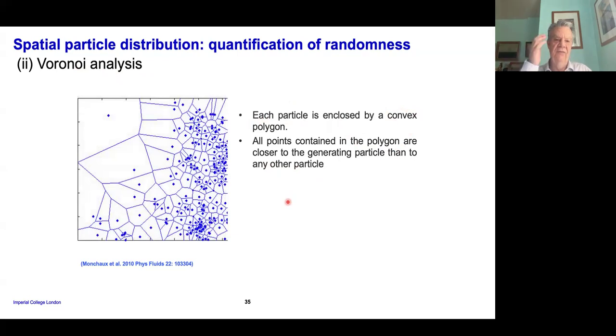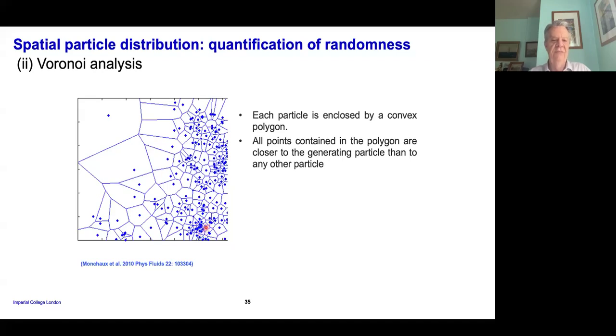So what the Voronoi analysis eventually does is generate all these areas around each individual particle. You see that the dimensions of the cells change, and each particle can then be characterized by a local concentration, because you have one particle over an area, which if it is large, the concentration is low, while in these regions here where you have clusters, the areas are all very small.